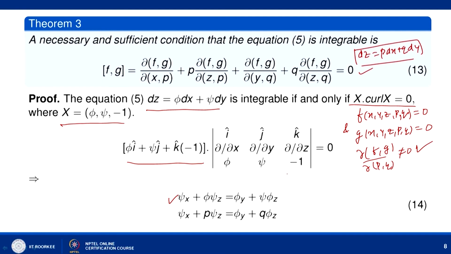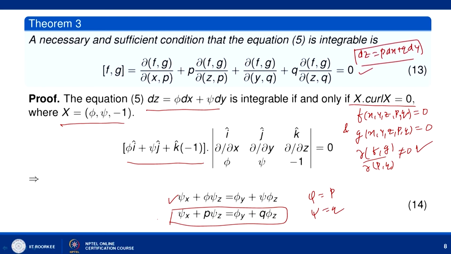You can simplify this and you can get this value. Now psi_x + p psi_z equal to phi_y + q psi_z. Here we are just writing phi as p and psi as q. So we can write that our integrability condition is now reduced to 14. But if you look at this condition 14, it is still given in terms of p and q.